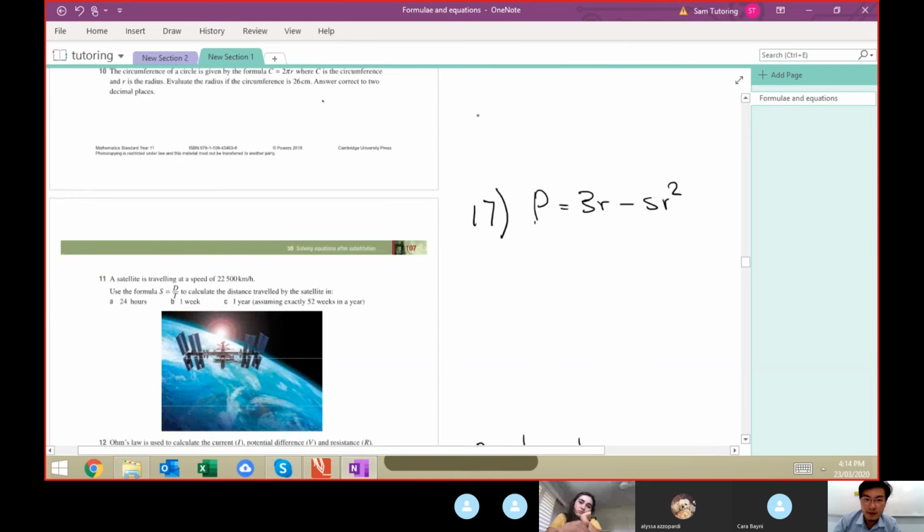So P is equal to 48, and R is equal to -2, find S. How would you find S in this case?